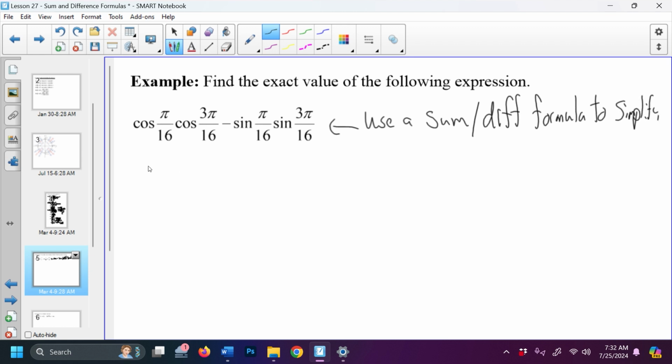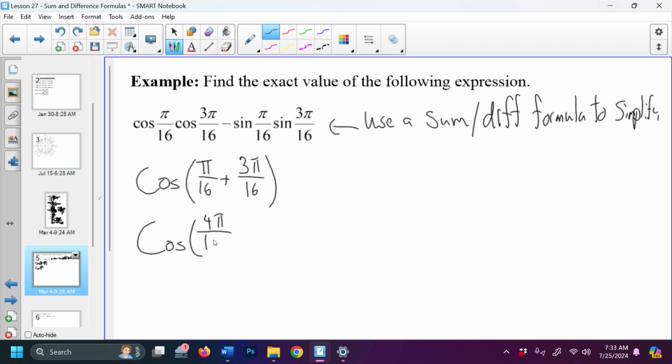And we'll rewrite that as the cosine of pi over 16 plus 3 pi over 16. And what that will allow us to do is to add these two. Since they have common denominators, this becomes the cosine of 4 pi over 16. 1 pi plus 3 pi gives me 4 pi.